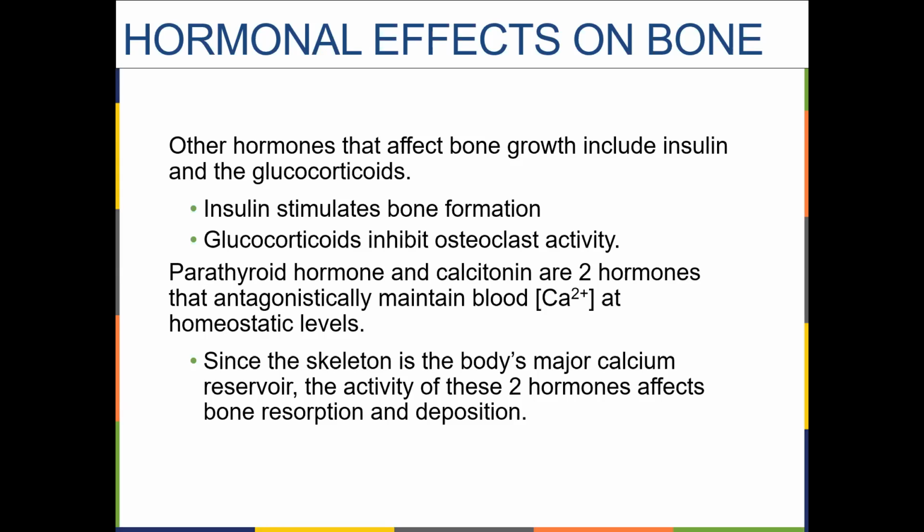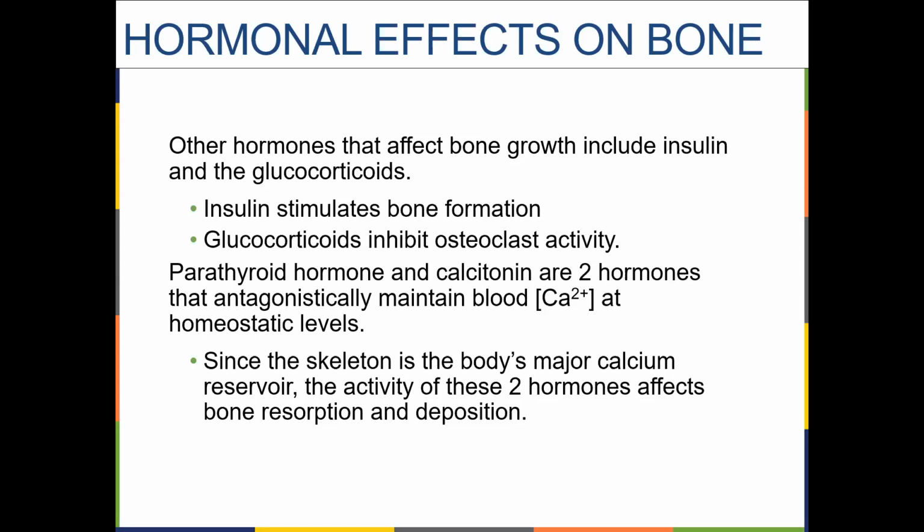The two hormones that regulate calcium levels are parathyroid hormone and calcitonin. They're antagonistic. Parathyroid hormone works when our blood calcium levels drop, and it dissolves some bone to get the calcium we need, because there's lots of things in our bodies we need calcium for, and the best reservoir for calcium is in our bones.